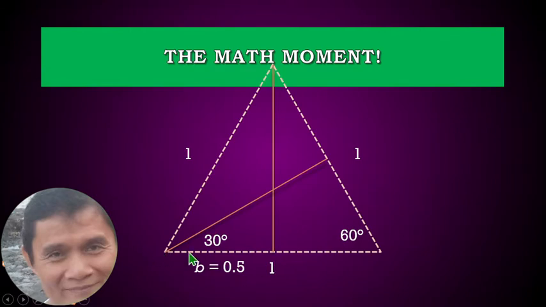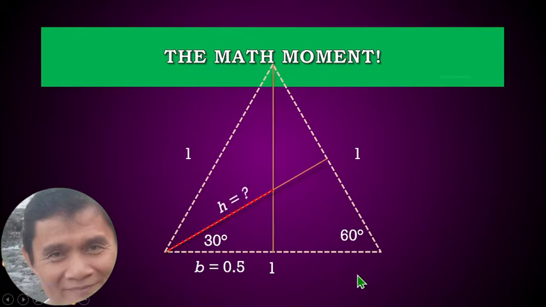And since this is 1, this is a right triangle na having a 30 degrees on one side, so automatically this one is 60 kasi nga this is 90. So what is the length of this one? We're not concerned with this one yet.